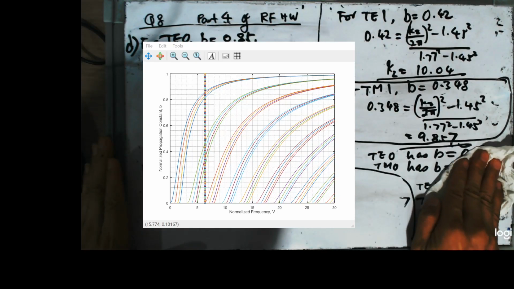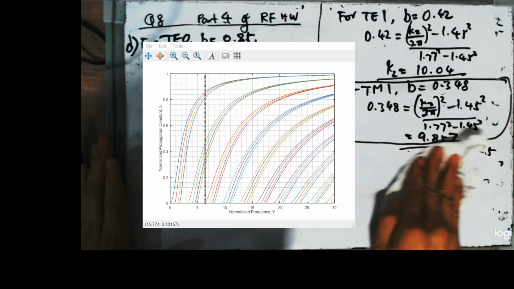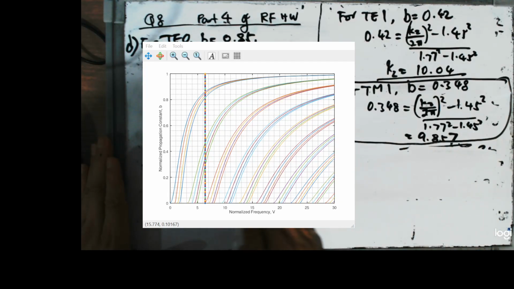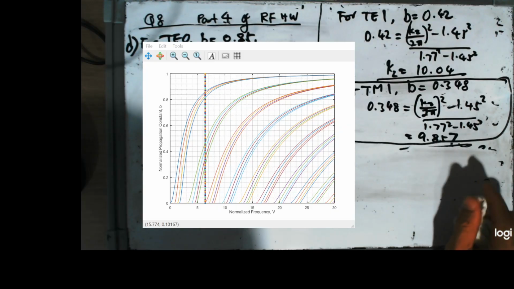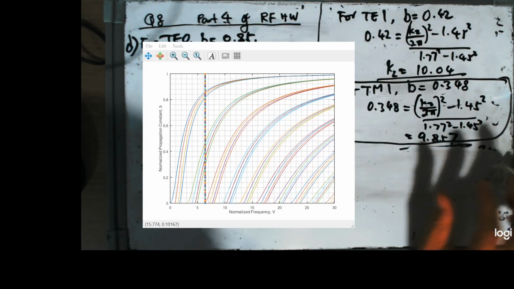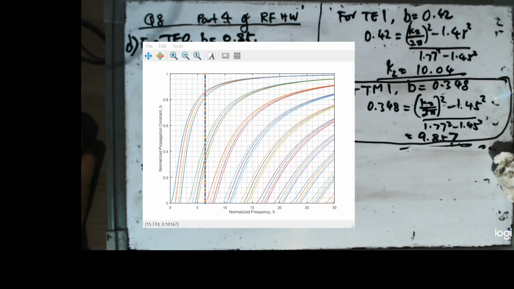There are many ways you can do it. My suggestion is to use the graph. So let's take a look at the graph here.